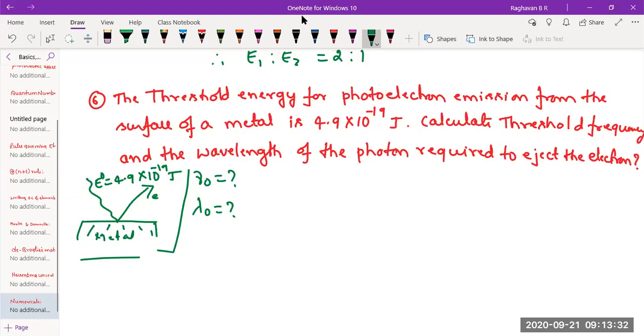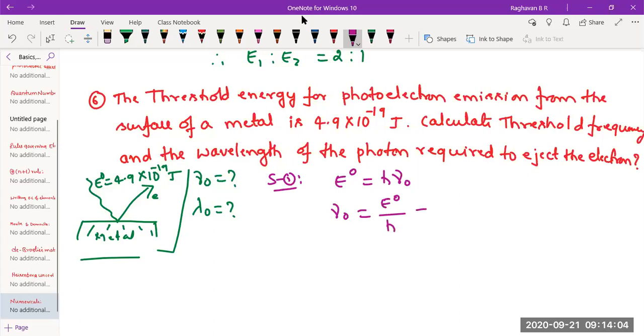You can calculate the threshold frequency as E is equal to h nu, or E naught is equal to h nu naught. Generally for energy we write E naught, and for frequency nu naught, that's the convention. Nu naught therefore is equal to E naught divided by h.